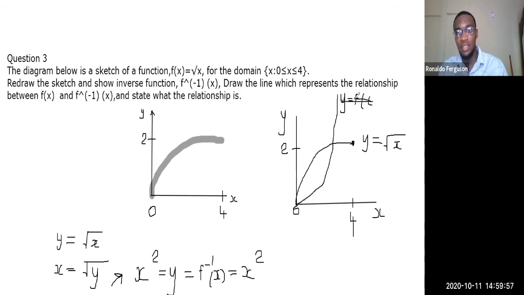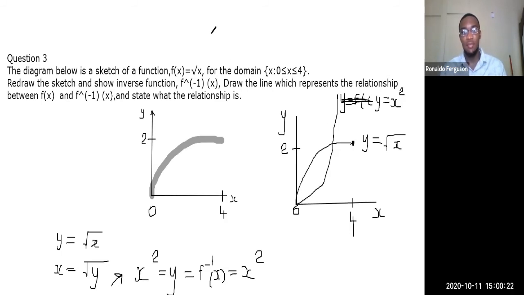So let me write this better. This is the graph of y equal to x squared. Now how do I know this is a sketch of y equal to x squared? Y equal to x squared is just a quadratic graph, right? That shapes like this.